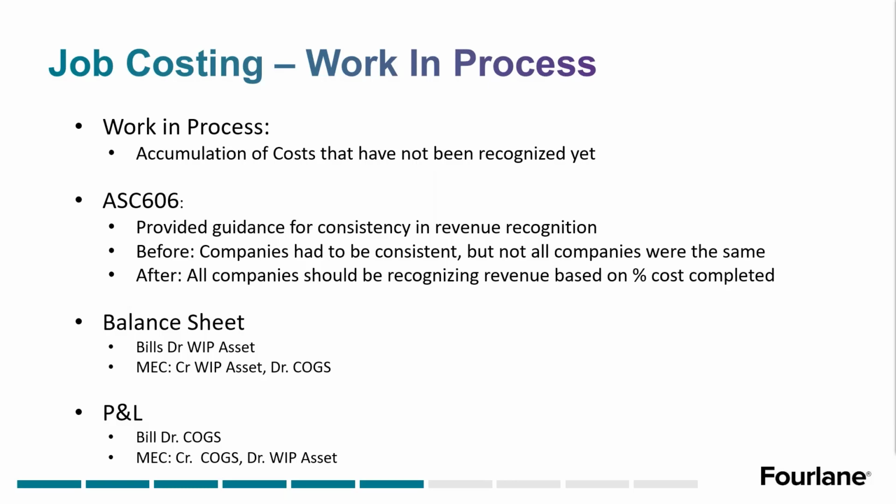Now the work in process, why do we do this? What is this? It's an accumulation of costs that have not been recognized yet, or it's an accumulation also of revenues that have not been recognized yet or have been recognized and shouldn't have been. So it's kind of all over the place. In accrual-based companies, we should be recognizing our costs and our revenues in the same period.